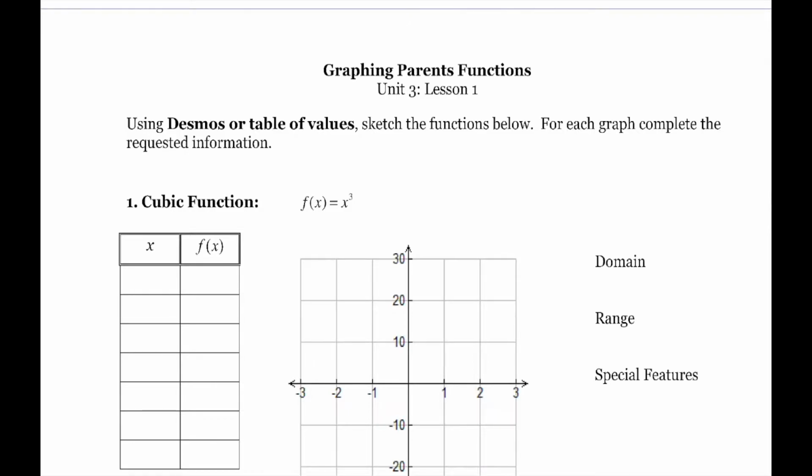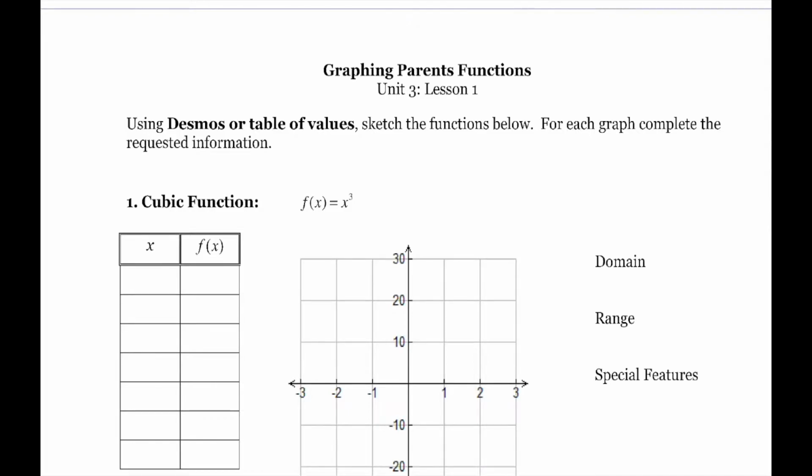And then we discovered that any quadratic equation where the x is squared, so it would be x squared plus 6x plus 9, whatever it is, it's all going to have that general parabola shape. But the parent function, or the most basic form of that function, is y is equal to x squared.